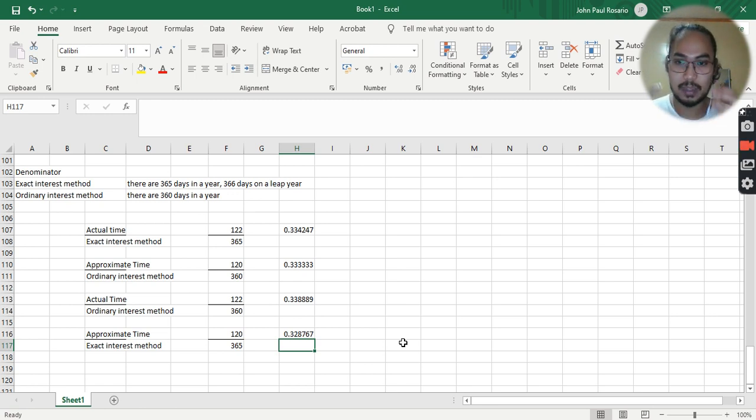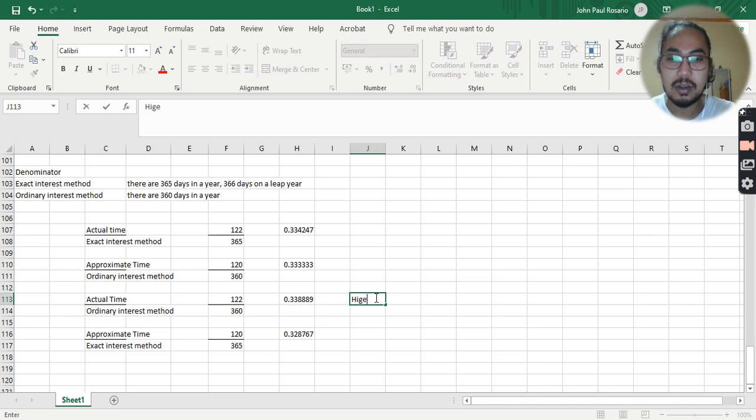What can we observe from these different combinations of concepts of time? As you can see, this is the highest. The highest yields the highest result, meaning this will lead to the highest interest.